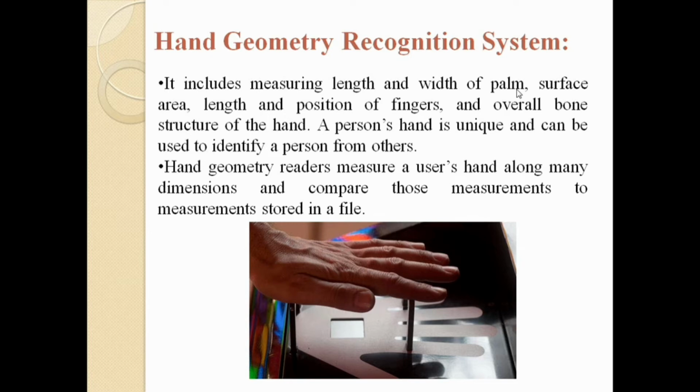Hand geometry readers measure a user's hand along many dimensions and compare those measurements to the measurements stored in a file, so that we can identify a person in a unique way. This hand geometry calculation will not match anyone else's.